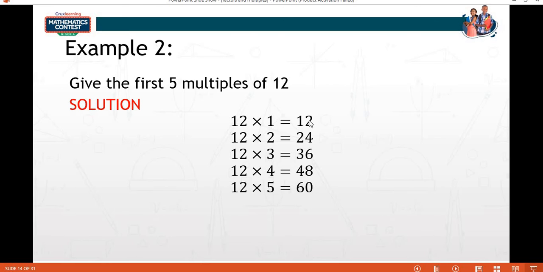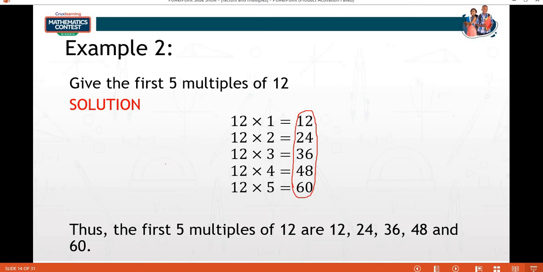For 12 times 1 we have 12. 12 times 2 we have 24. 12 times 3 is 36, 12 times 4 we have 48. 12 times 5 we have 60. 12, 24, 36, 48, and 60 are the first 5 multiples of 12.